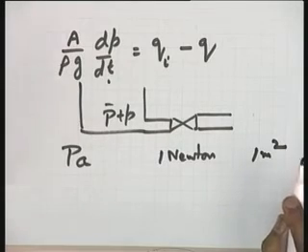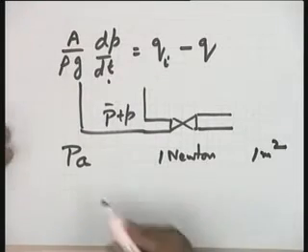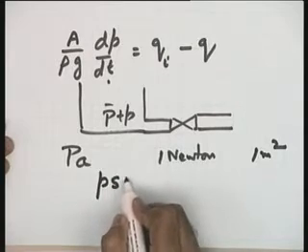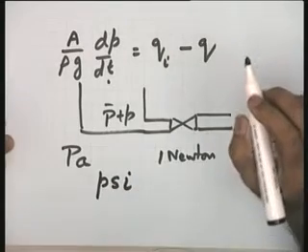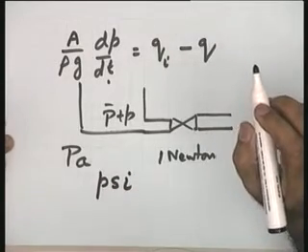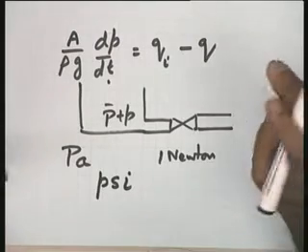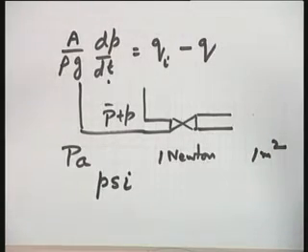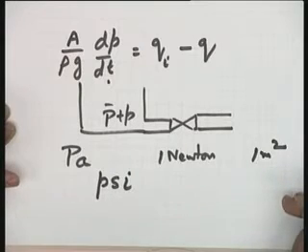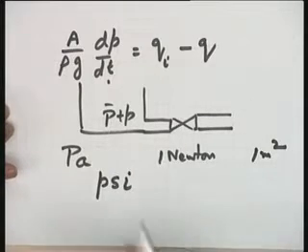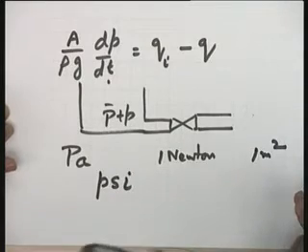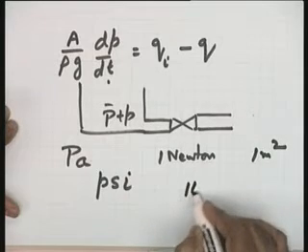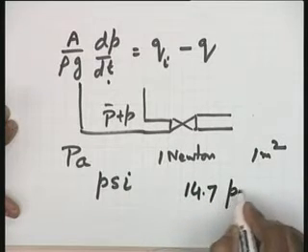The units, to the best of my knowledge, even today are being used as PSI, pounds per square inch. Okay? Pounds per square inch are the units used in the process industry. I mean, they should switch over, we should quickly switch over, but still the situation is this, that the manufacturers are giving the data in terms of PSI mostly. 14.7 PSI is your atmospheric pressure.